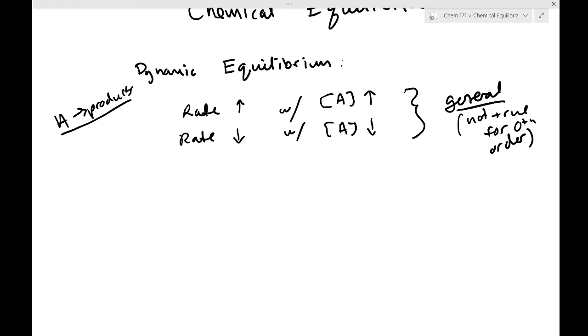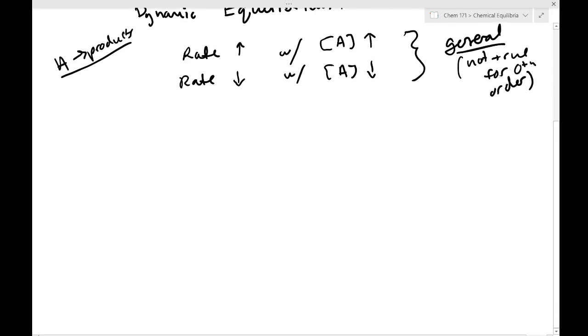It has nothing to do with the concentration. But in general, this is a good way to describe what happens with a rate and with concentration. As the concentration of the reactant increases, the rate also increases, and as the concentration of the reactant decreases, the rate decreases.